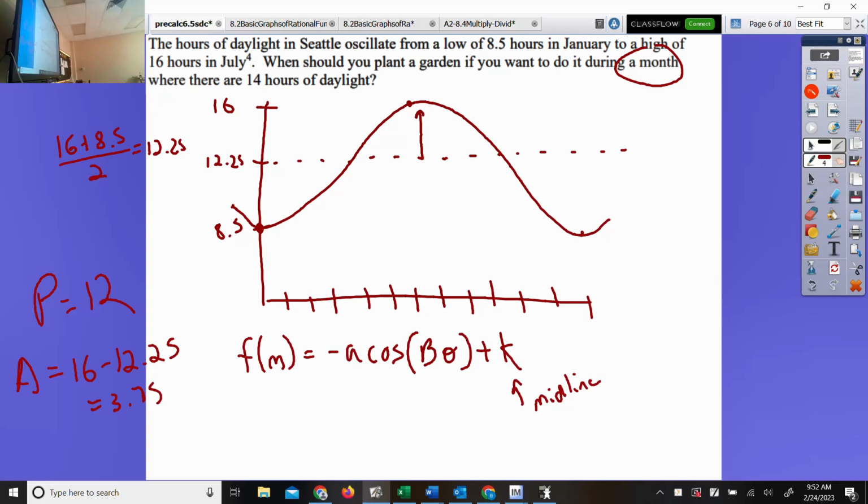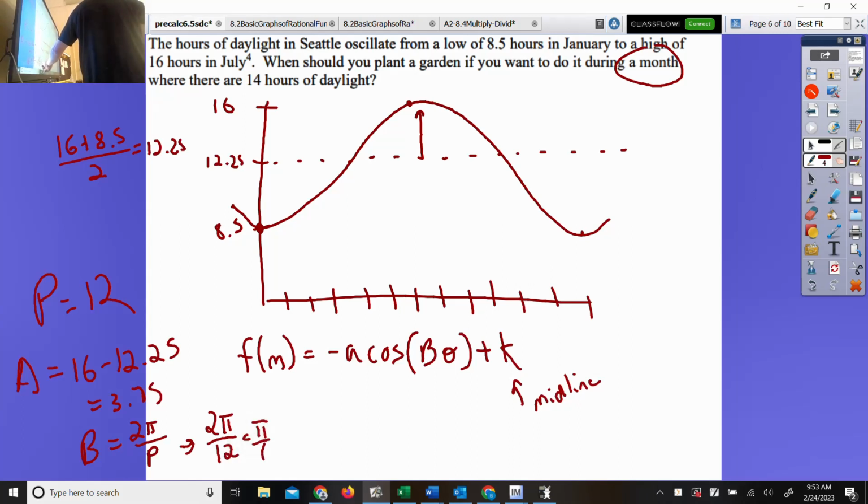We know that. We know the amplitude. We don't know b. How do you find b? 2 pi over P. So b is twice pi over the period, twice pi over 12, pi over 6.